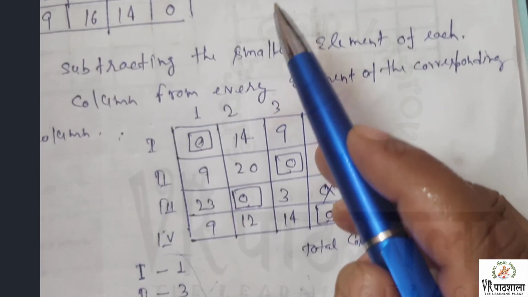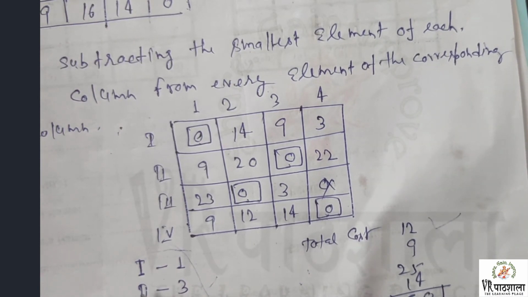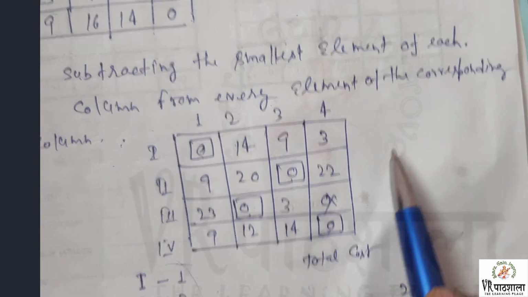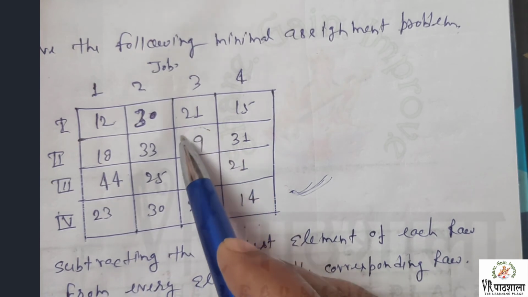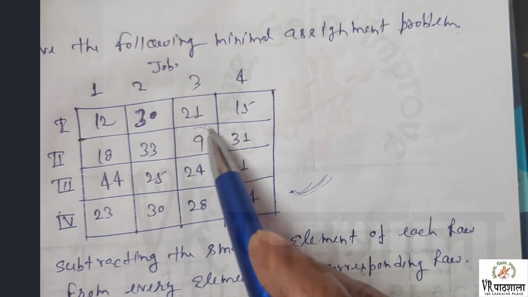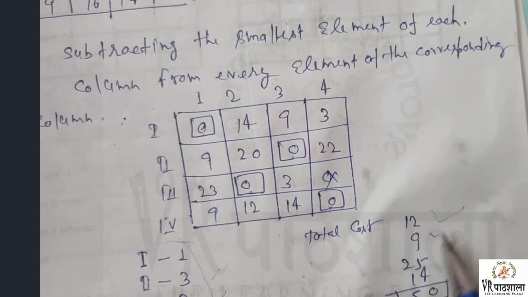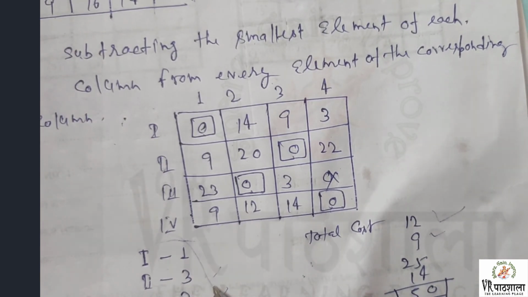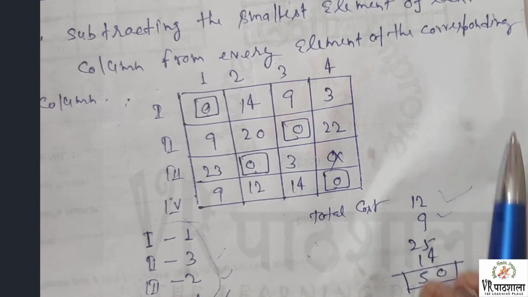So we consider the cost as 12. Similarly, the second person did the third job and the cost is 9. So we take the cost as 9. The third person did the second job and the fourth person did the fourth job.